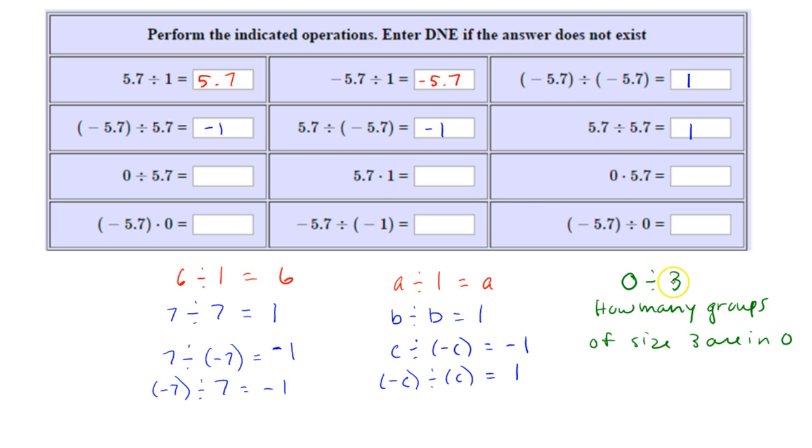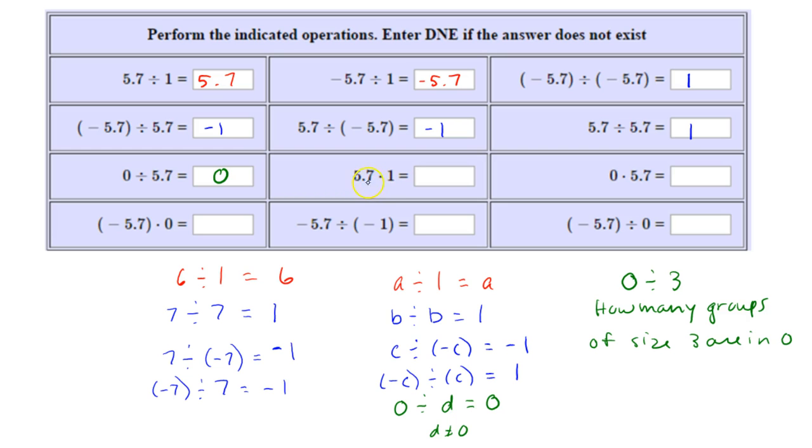Or equivalently, you could think of how many 3's would I have to add up to get to 0, starting at 0? Well, 0 3's. So our result here, even though it's a decimal, the same rules hold. 0 divided by any number except 0, so 0 divided by d, we're going to say d is not 0. We'll see that special case in a minute. Will give us 0.